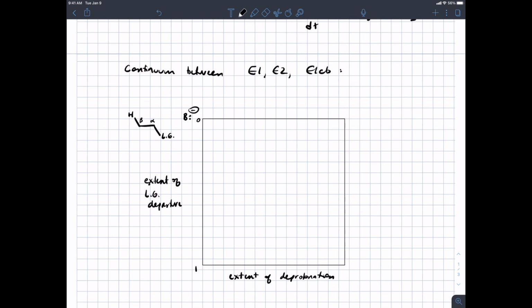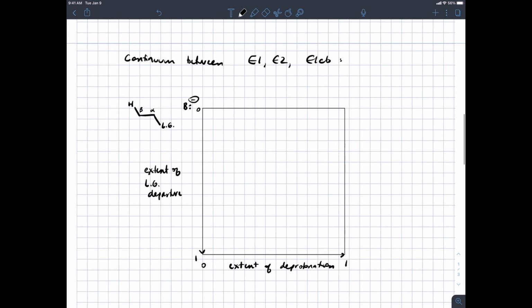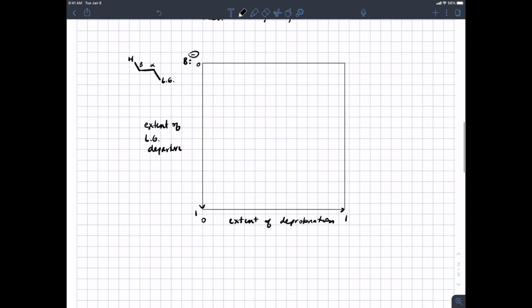Sort of 0 to 1 on the y-axis in this direction, and sort of 0 to 1 for the x-axis in this direction. So if we had a situation where the leaving group departed first, you would have a positively charged alpha carbon and a negatively charged leaving group. And that is the sort of E1 pathway.